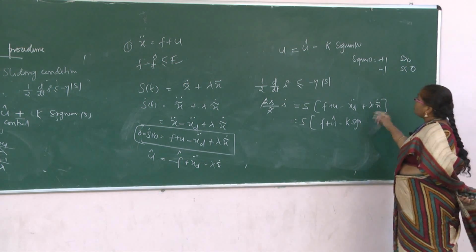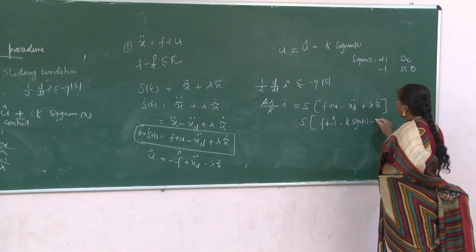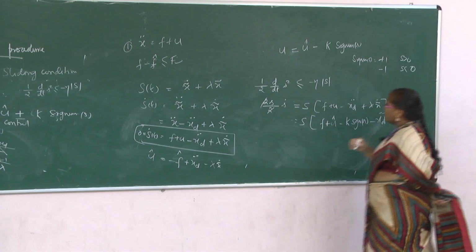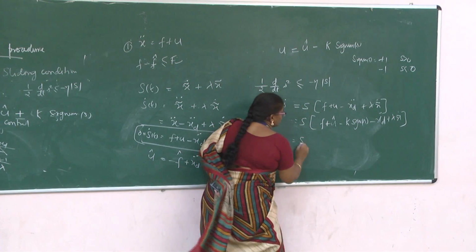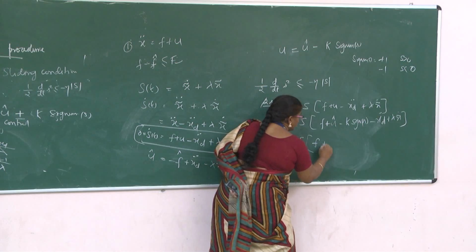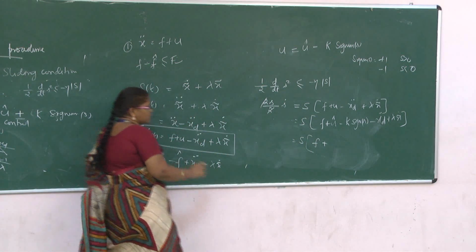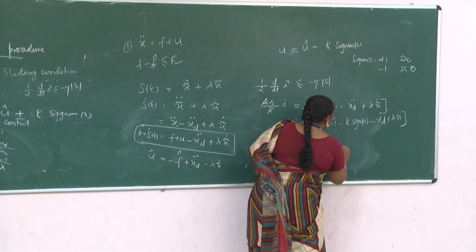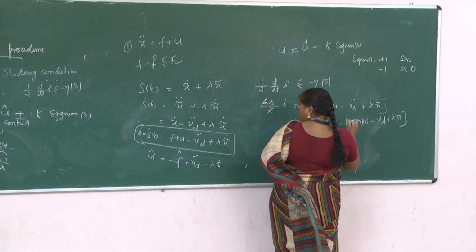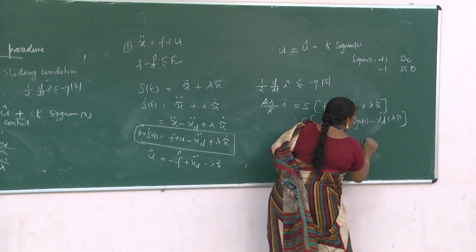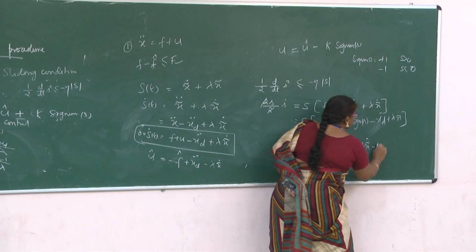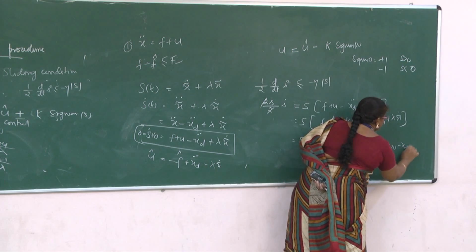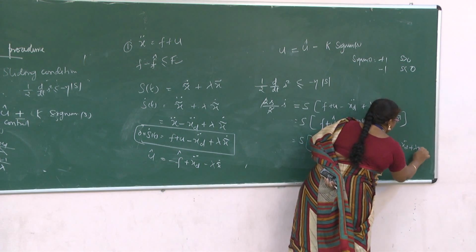Then again for u cap I substitute this value: minus f cap plus xd double dot minus lambda x bar dot, and continue with minus k sgn of s, minus xd double dot plus lambda x bar dot.